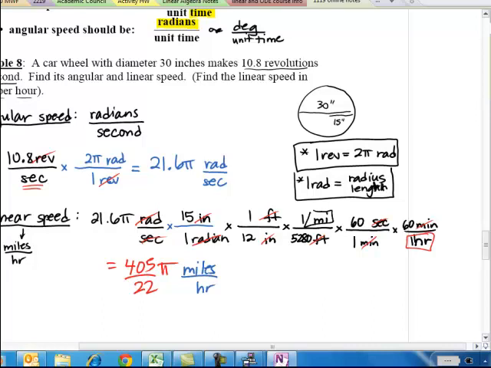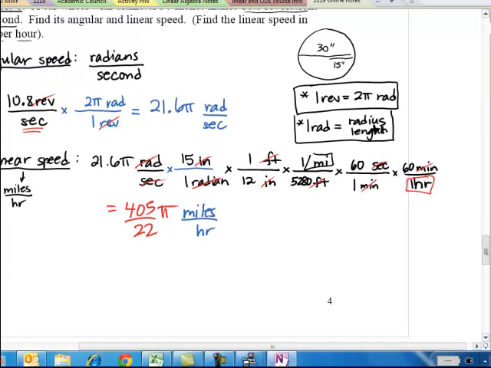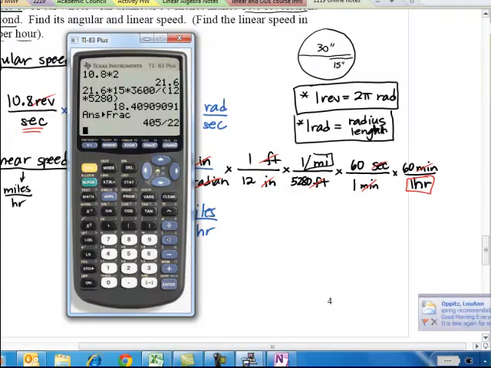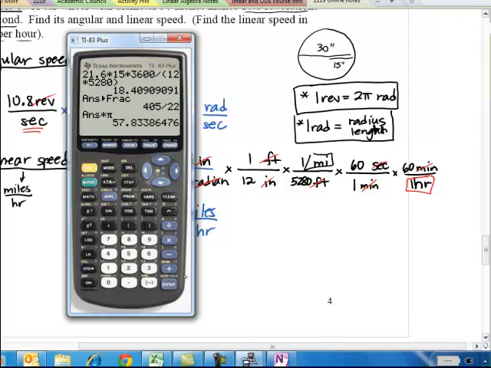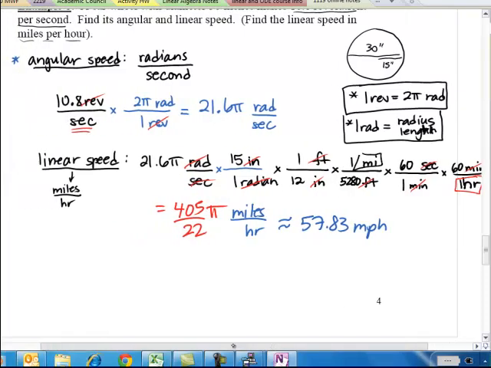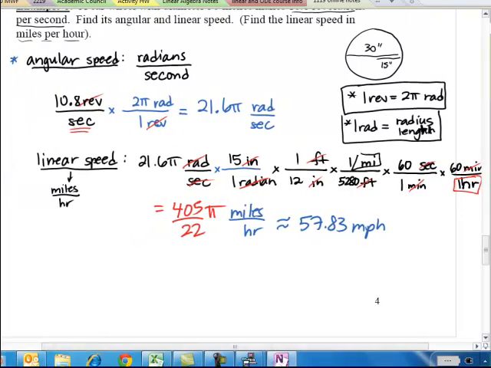So we could get an estimate of that. 405 over 22 pi. So approximately 57.83 miles per hour.